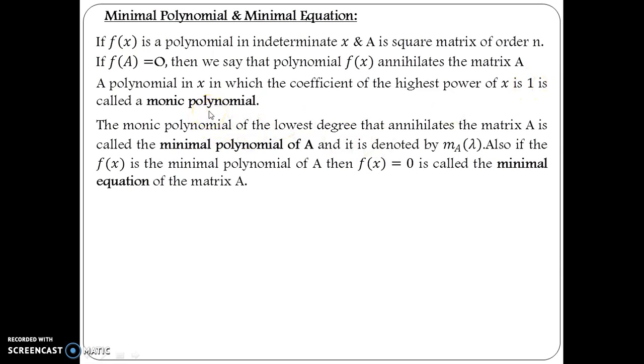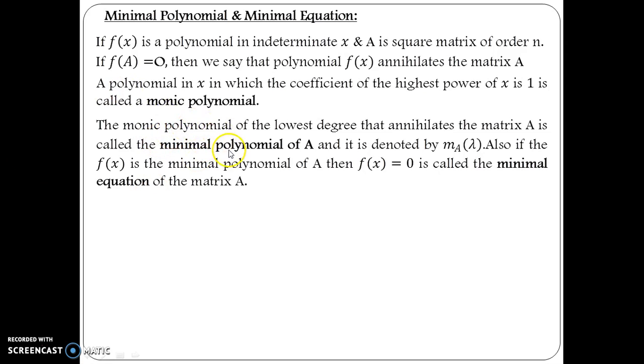So for instance, if you have a polynomial, say 3x^2 + 2, then it's not a monic polynomial because the coefficient of the highest power over here is 3. But if you have a polynomial, say x^3 + x^2 + 1, then it is a monic polynomial because its highest power coefficient is 1.